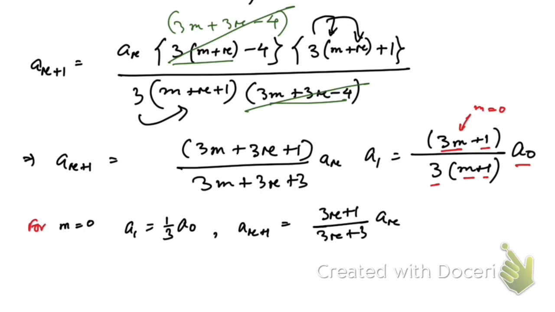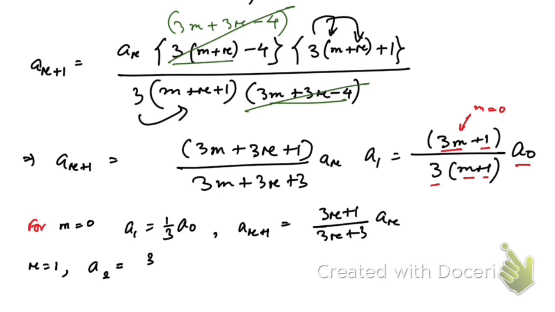Okay, so how to obtain a2? We have already got a1, right? So if you put r is equal to 1 here, then you're going to have a2, right?